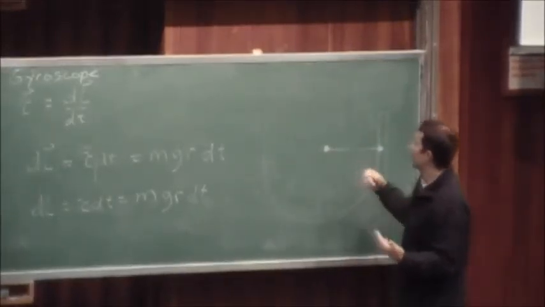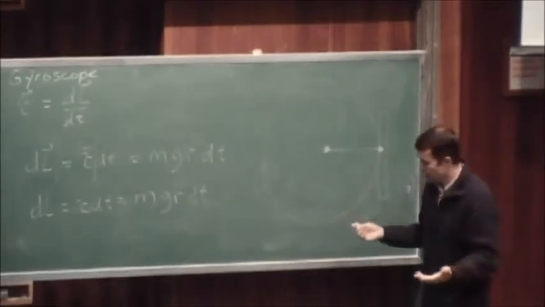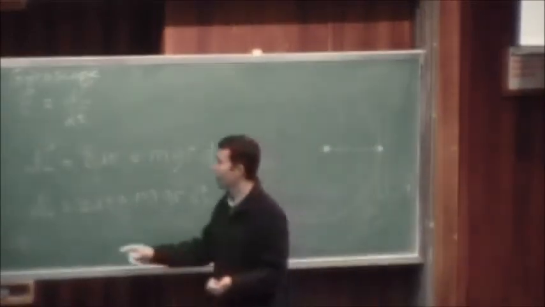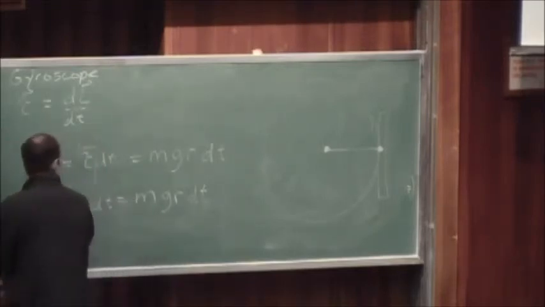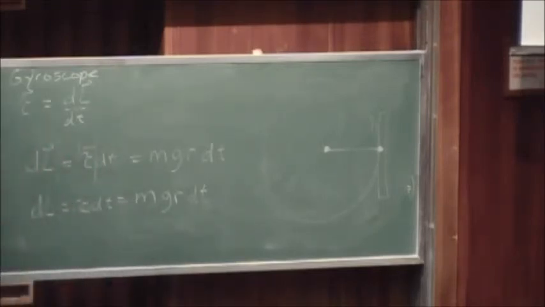Okay, so what I'm interested in is how little dL is related to big L. Now this is a little bit abstract, because what we're interested in is the rate of change of L, the magnitude of L, and dL.